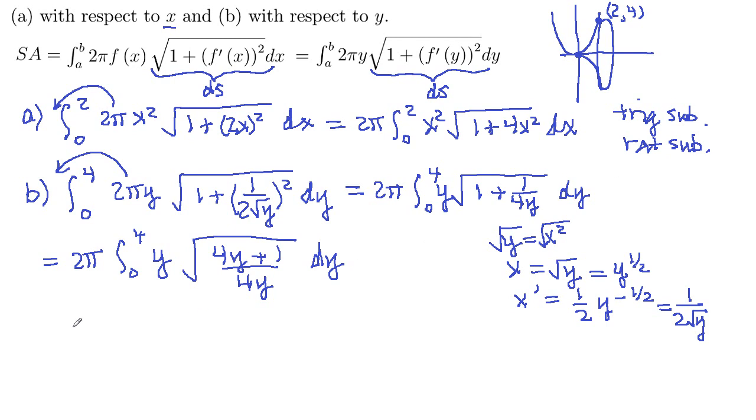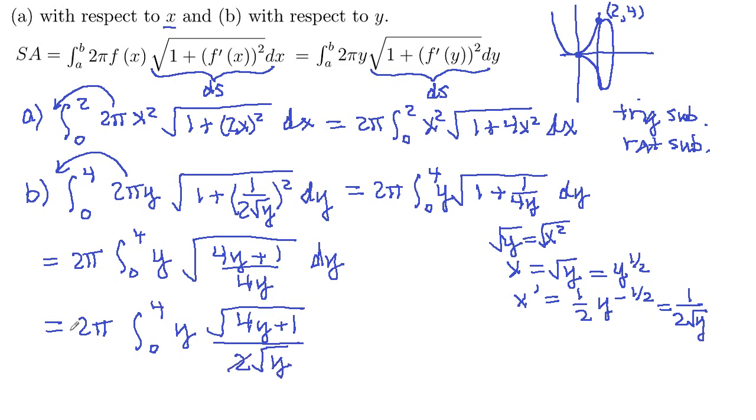For this one, we've got our 2 pi, integral 0 to 4, y, and then root of 4y plus 1 on top, square root of 4y on the bottom. Square root of 4 is 2, and then we have to leave the root y.